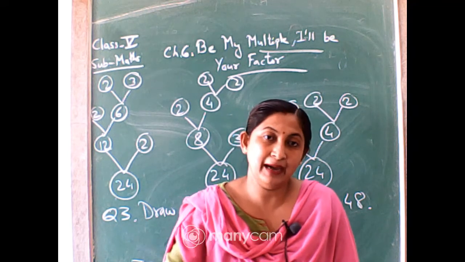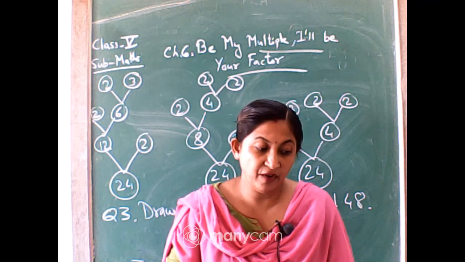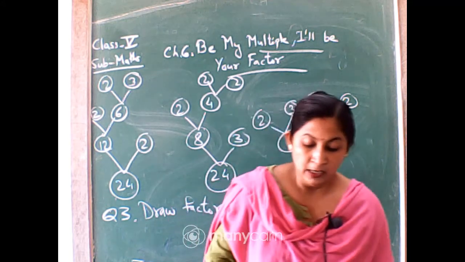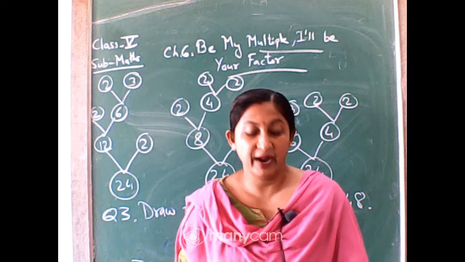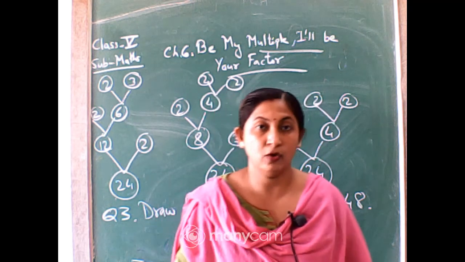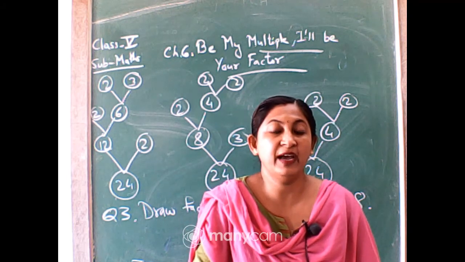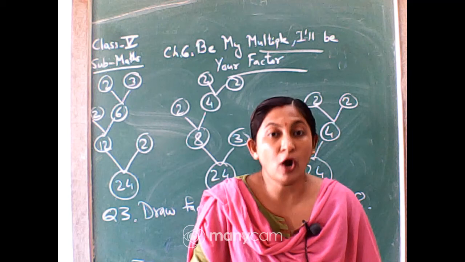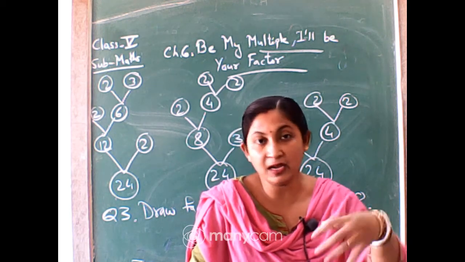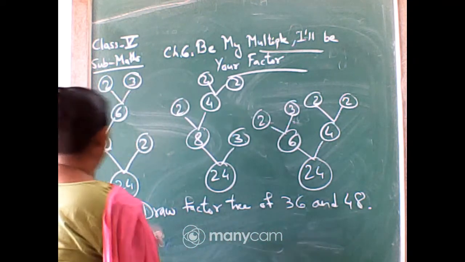That means the whole tile he has put in the path. So to find the shortest length of the path, you have to find the LCM of 2, 3 and 5. The LCM of 2, 3 and 5 will give you the shortest length of the path in the garden. Okay, so let us write it.